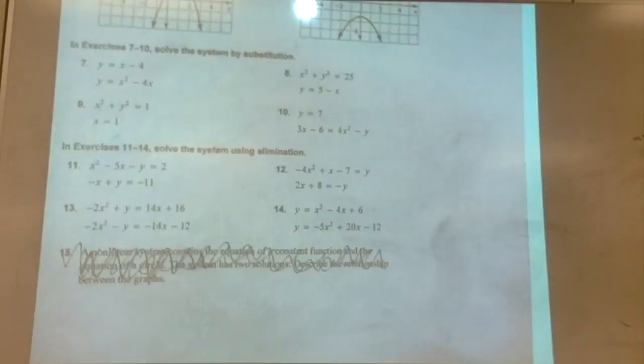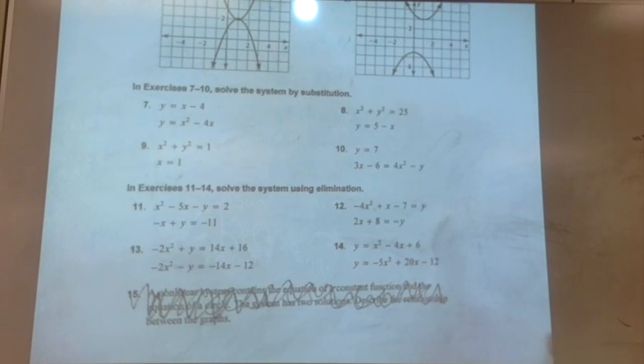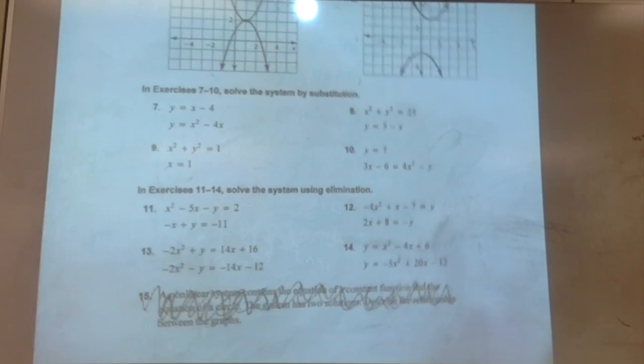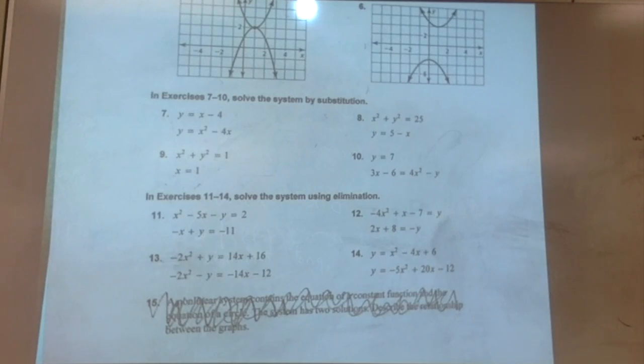So remember, there can be no solution, and I will say that there's only one no solution on this entire page. Well, no, actually, there's technically two, but of the ones that you have to solve, there's going to be two no solutions.